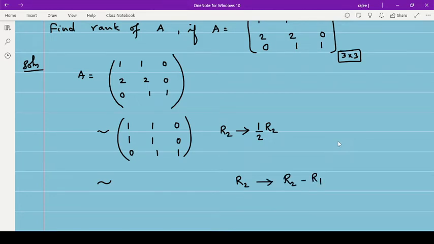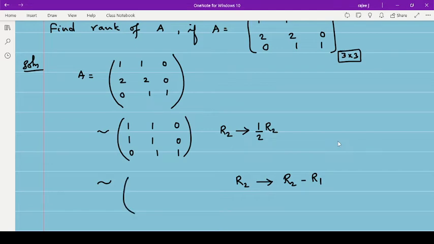By procedure, we always make the last row zero first, all the elements of the last row. But here, better than that, if you can make the second row zero very fast.